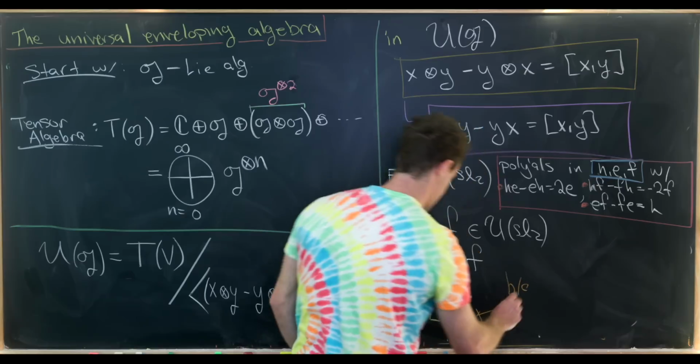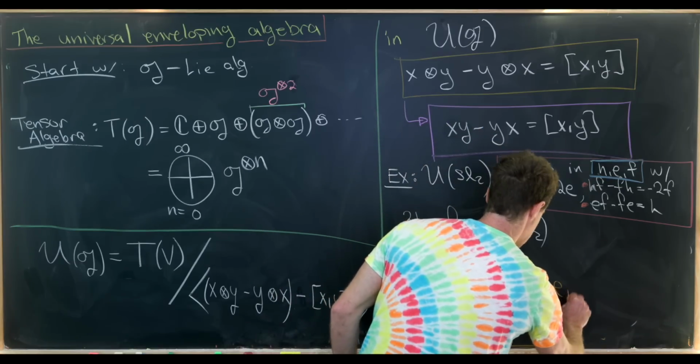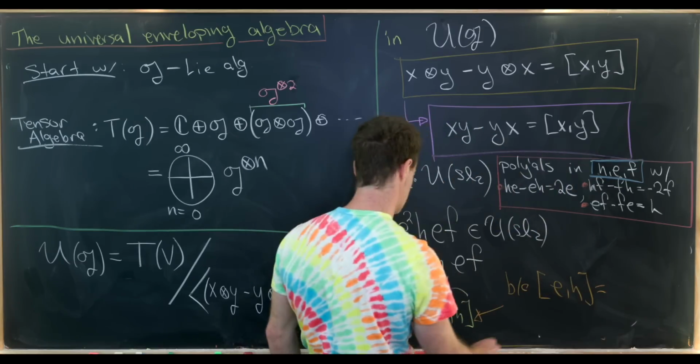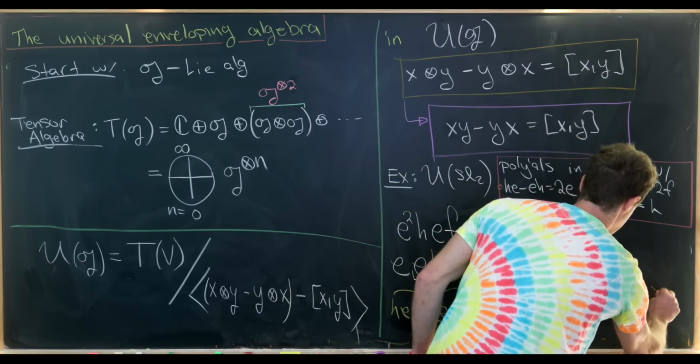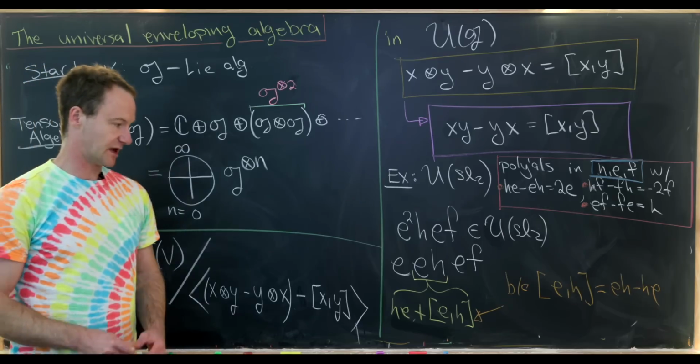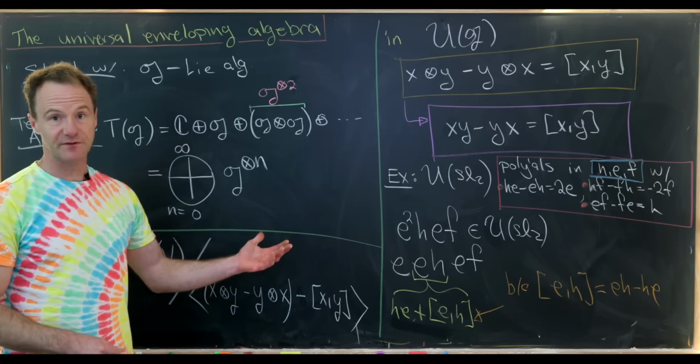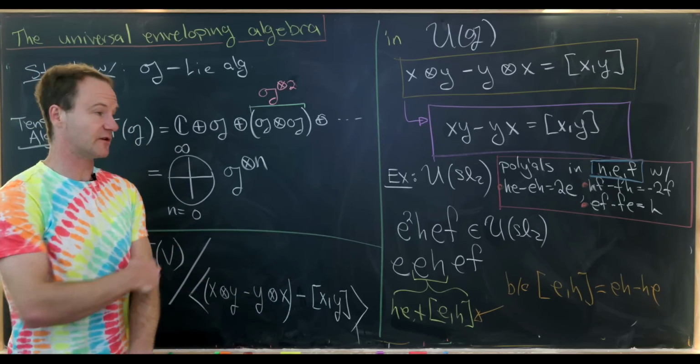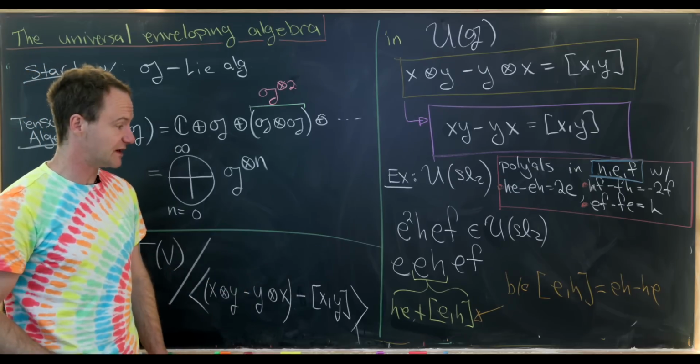That's because bracket EH is equal to EH minus HE by what's going on in our universal enveloping algebra. But we can do some simplification on this because we have some rules for commutativity.